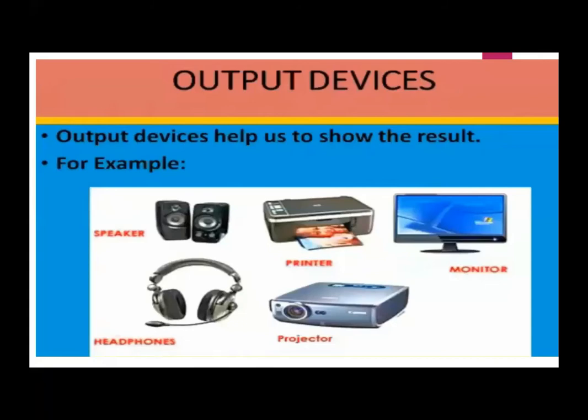The output that we see on the monitor is called a soft copy. Why do we call it soft copy? Because we don't type the data. The result that we see on the screen is called the soft copy.